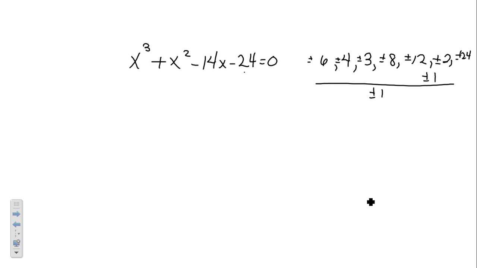When I asked you if something was a factor of something yesterday on your worksheet, what did you do? I want to know if x minus 1 is a factor of this, what would you do? Hoping the clock will save you.